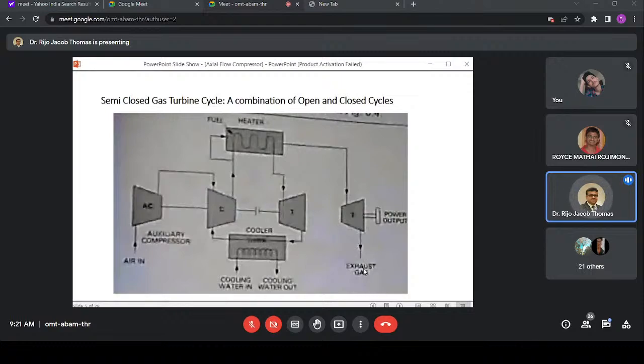So this is a combination. If you see this part, it is closed cycle. If you combine this, it is an open cycle. This is found in some of the textbooks. If it is asked, you can talk something about that. Whatever this exhaust is giving out, the air will be taking in the same amount, and thus the mass will be balanced in the system.